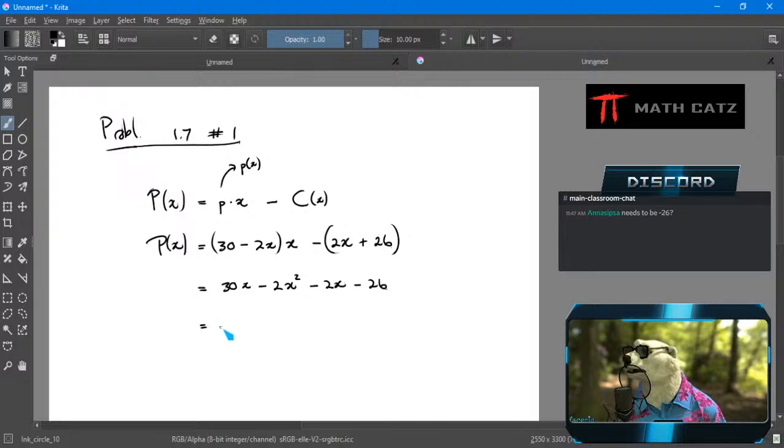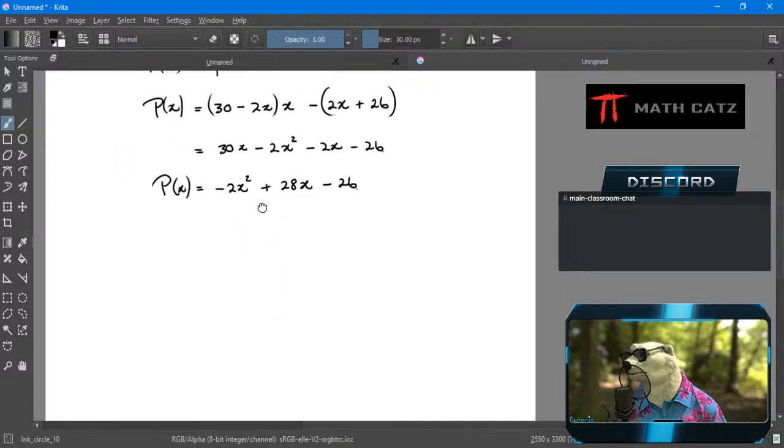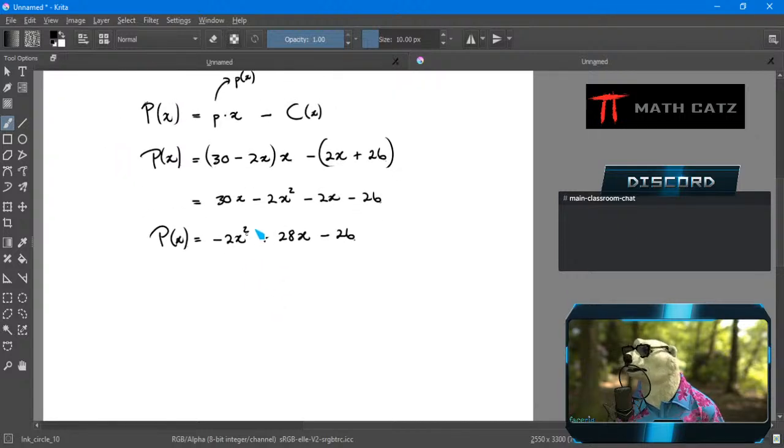I'm going to put them in decreasing powers of x: negative 2x squared, and then I have a plus 28x and a minus 26. And that, I'll label it again, is my profit function. Now I can look at this function and say, it's a quadratic function, which means my analysis can exploit the things I know about quadratic functions.